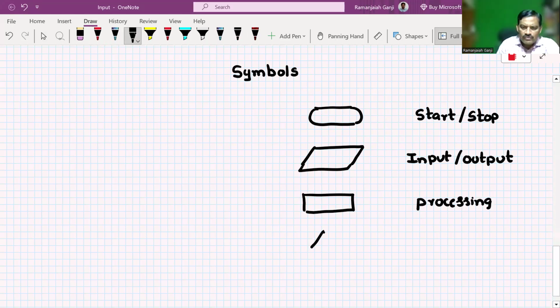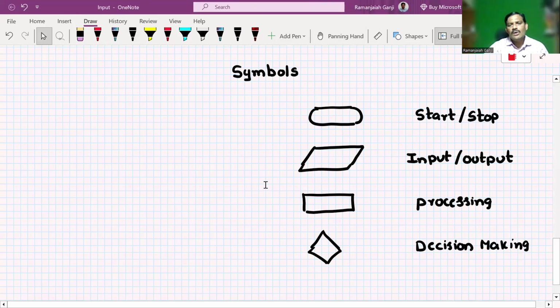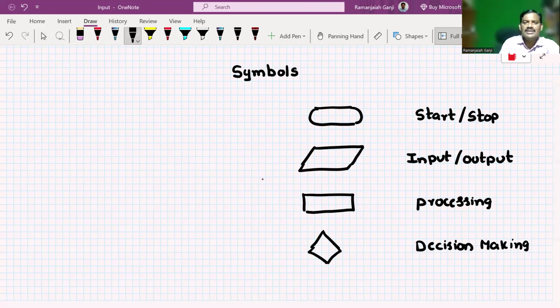And then we have a symbol called a rhombus. This is called decision making, also called condition checking. Very, very important. These symbols are very important.